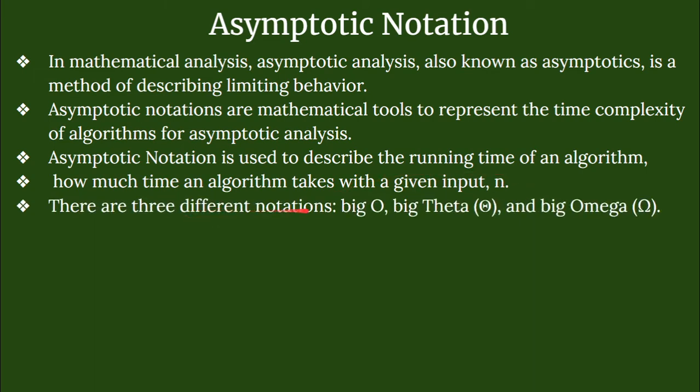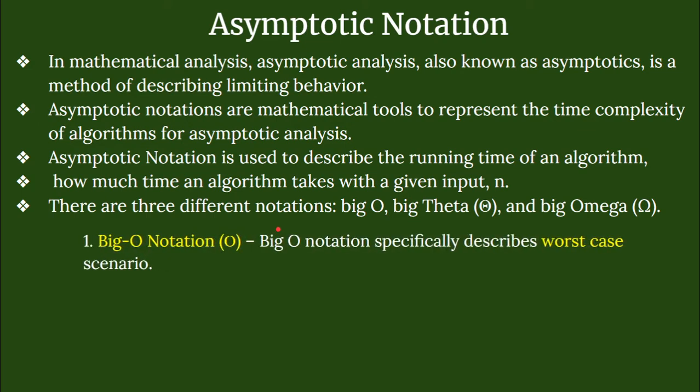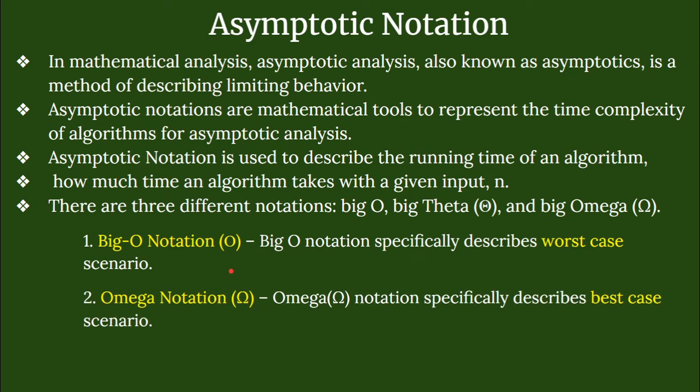There are three different notations, namely big O, big theta and big omega. These notations are called the asymptotic notations that describe the behavior of an algorithm. Here big O notation, shortly called big O, specifies the worst case scenario. That means the maximum time the algorithm takes to find the solution.